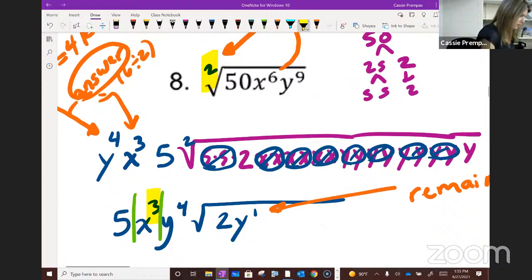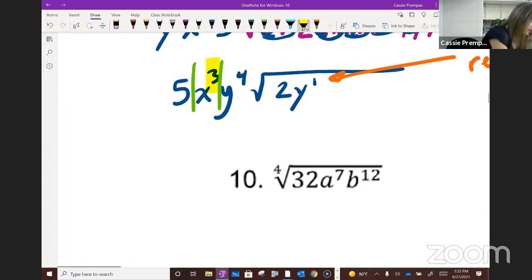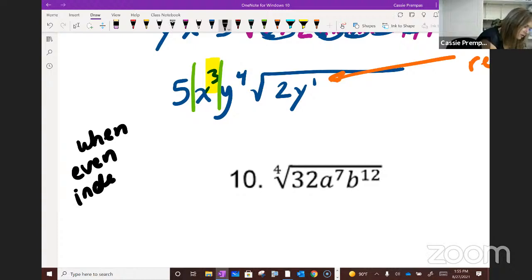Let's write that. The book explains this as well in case you want to look at the book, but that's essentially really what you need to know. When you have an even index, or if you want to call it a root, you have an even root.